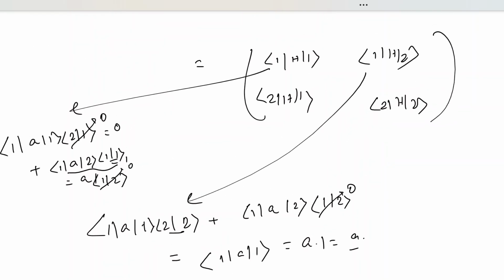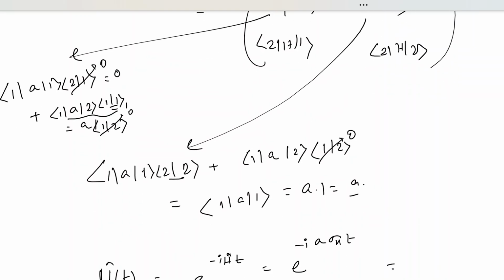Because this is, identify this, this is a sigma x matrix. So this is a sigma x. So this you can in other terms write down as I a.